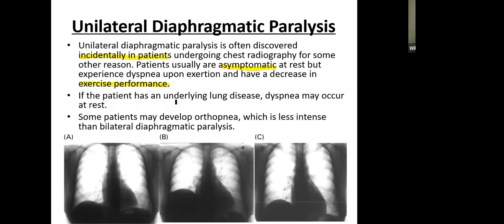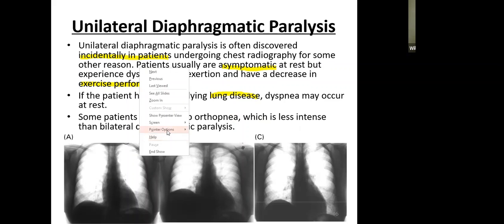As I say, if the patient already has an underlying lung disease, this will become more evident. Some patients may also develop orthopnea, which is less intense than in bilateral diaphragmatic paralysis. This is what we're going to see in unilateral diaphragmatic paralysis.